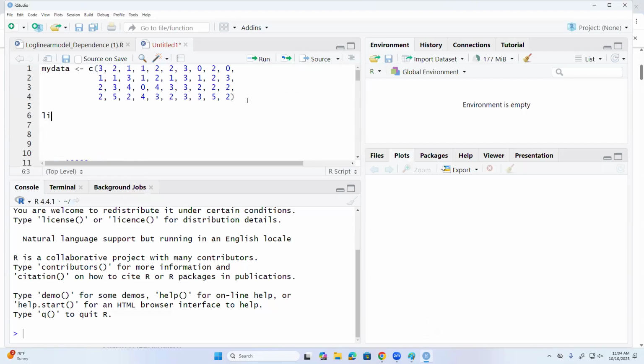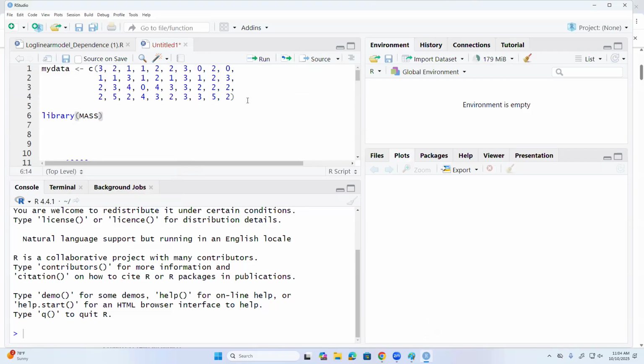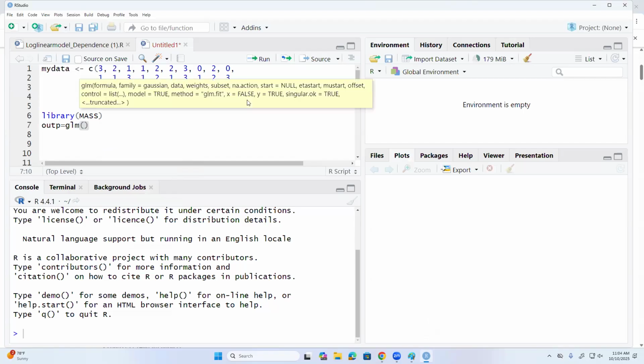We need library MASS. Okay. So first we'll fit the Poisson model, GLM, and my data again follows 1 because there is no covariate in the data. So just simply write 1.